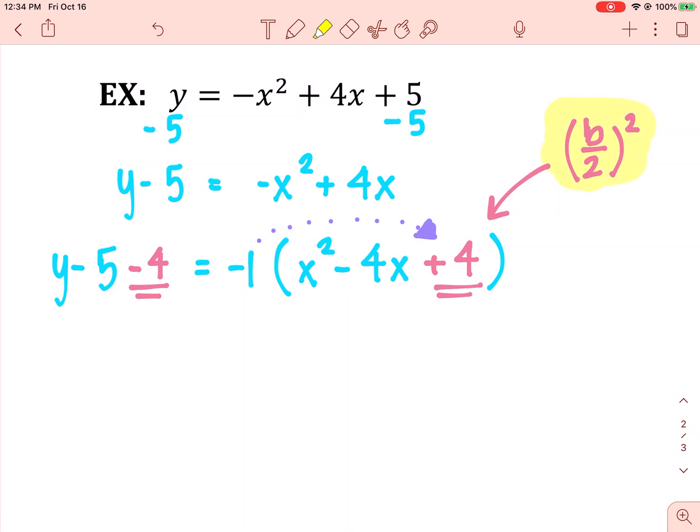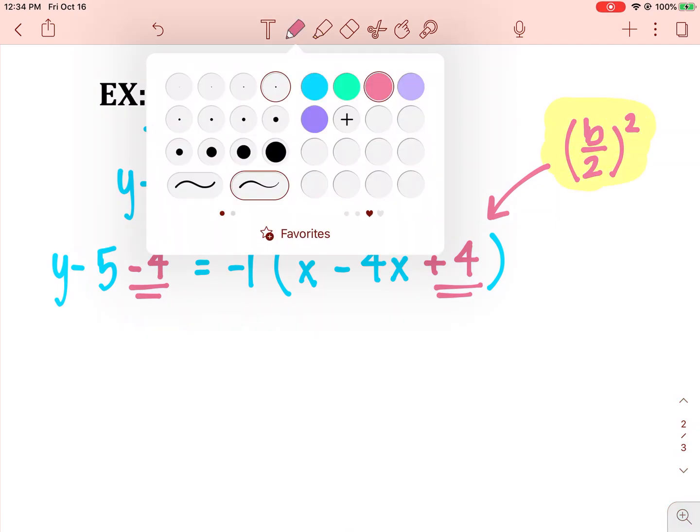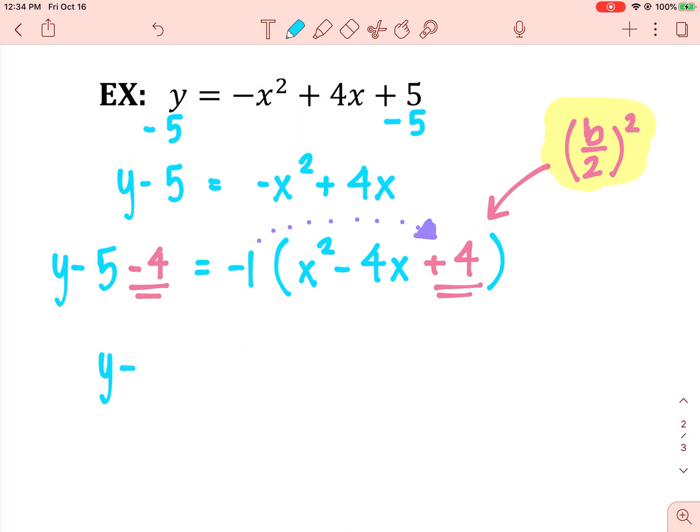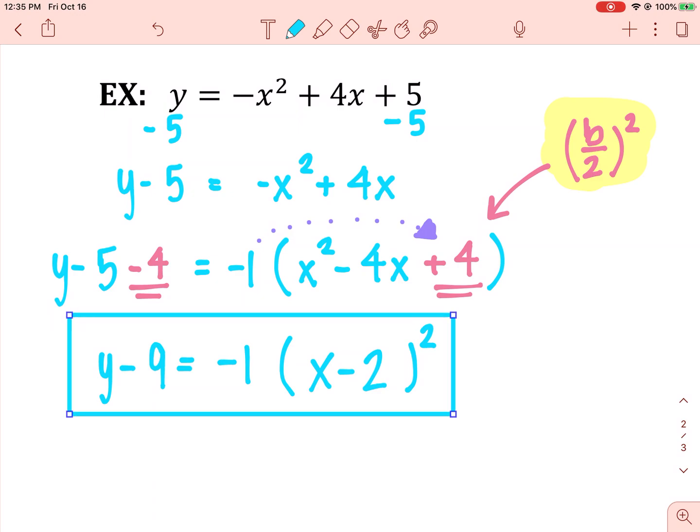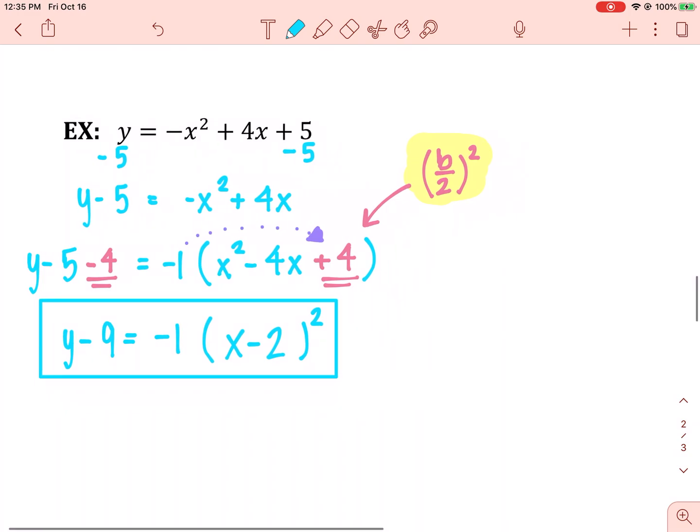Okay, so we did our complete the square step. Let's check if we did it right. This becomes y minus 9. I know I did it right if I can get that term that's in parentheses factored to a term squared. Well, yeah, it can be x minus 2. And I am done. Okay, that is in my vertex form.